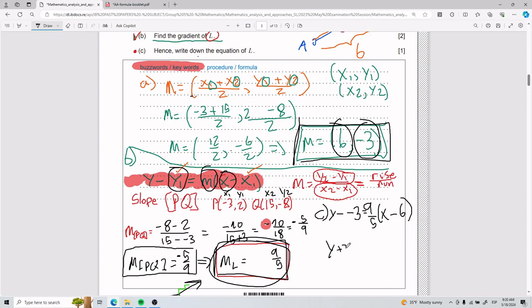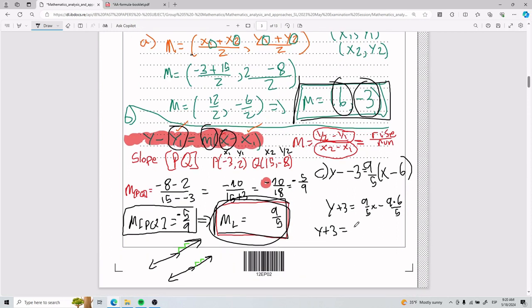So y plus 3 equals 9 over 5x minus 9 times 6 divided by 5. So y plus 3 equals 9 over 5x minus, quick maths gives me 54 over 5.